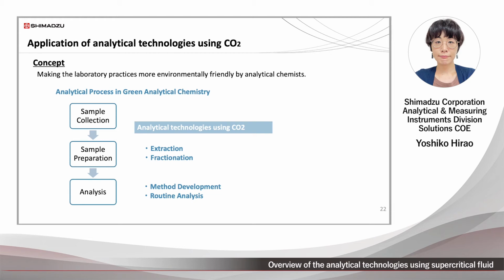Sample preparation involves extraction and fractionation, while analysis involves analytical method development and routine analysis using the developed one. In this section, I will introduce analysis techniques related to extraction, fractionation, and method development.